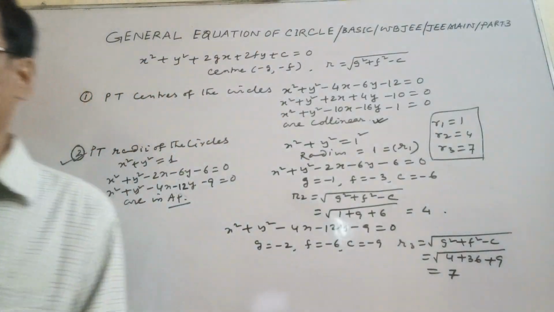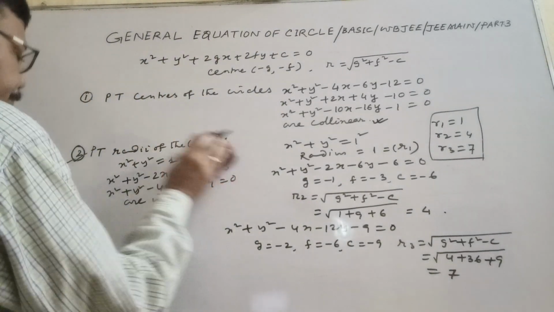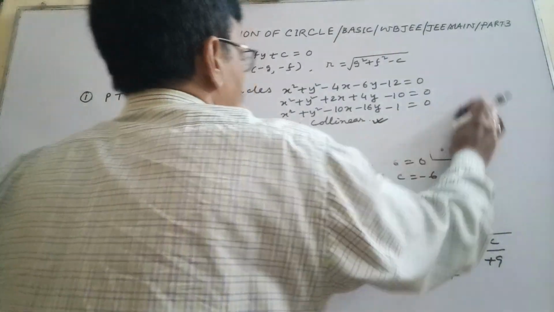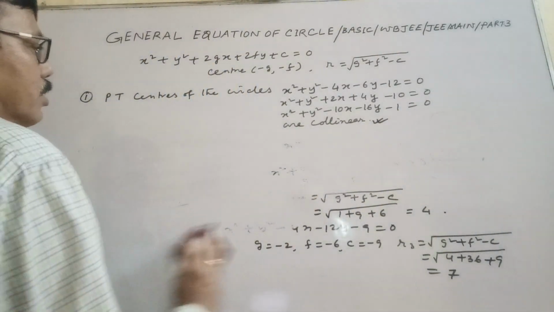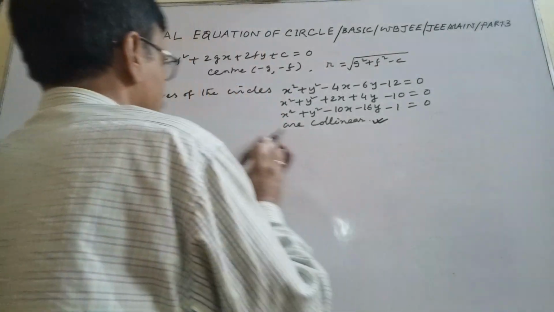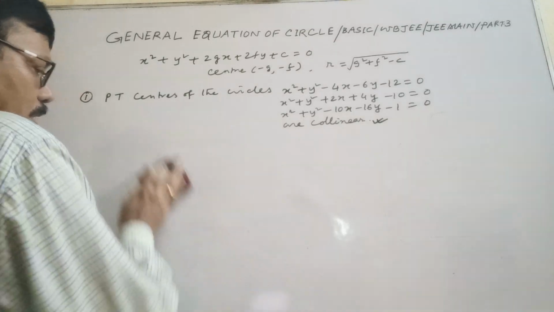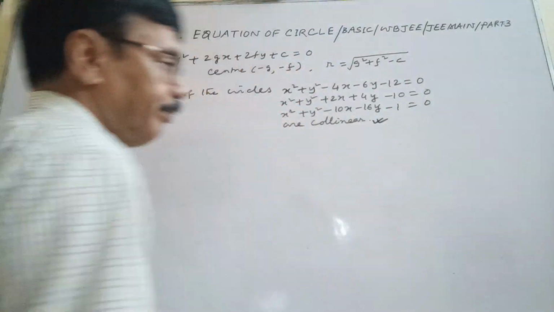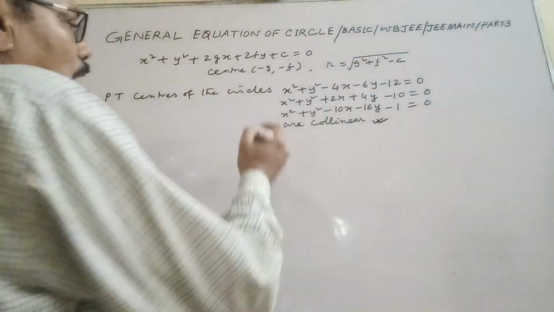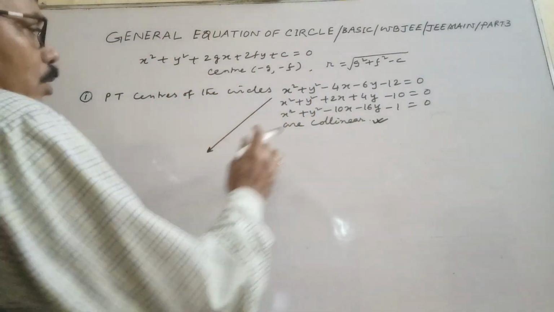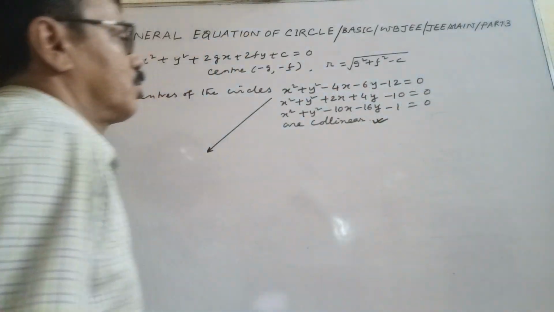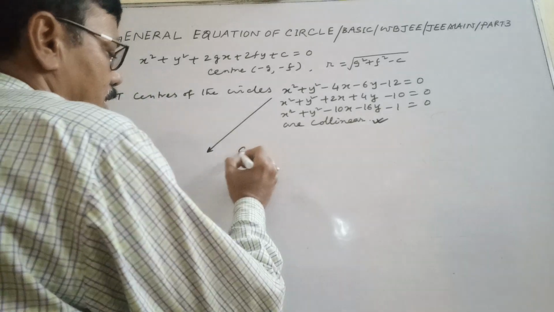Now problem number 1. Prove that the centers of the circles are collinear. We have to find the center. Now, circle number 1: x square plus y square minus 4x minus 6y minus 12 equals to 0. So, what is the center C1?